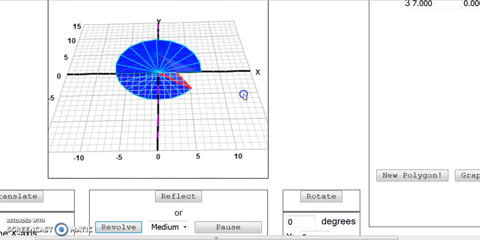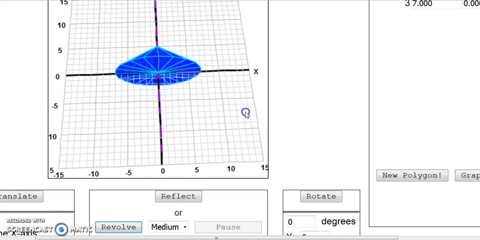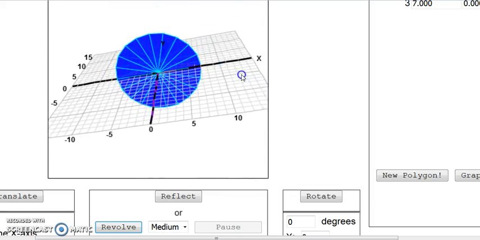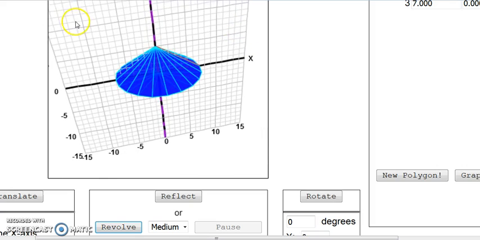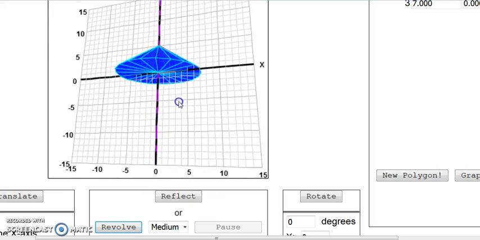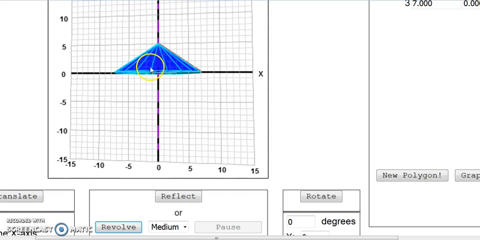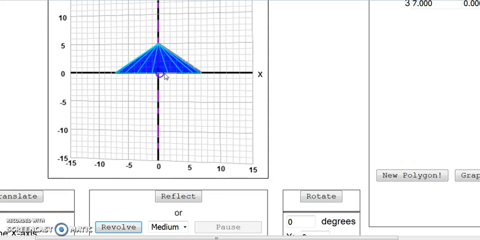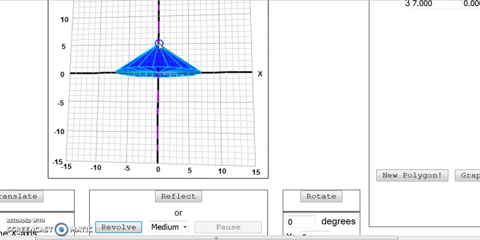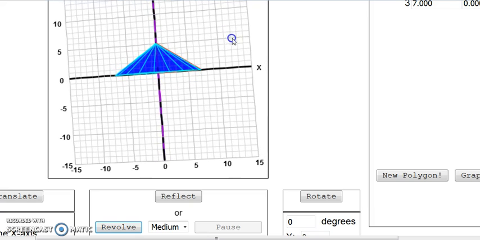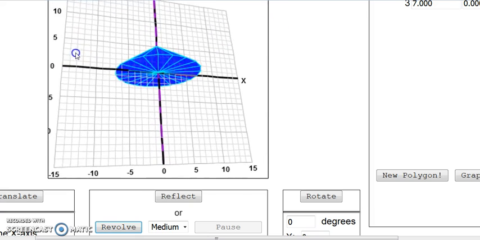So watch this shape right here, this segment. See? When the triangle goes 360 degrees around that line, it makes a cone. Now, see if you can look closely right here where I'm clicking. That is the original, you can see it through there, the original red triangle.